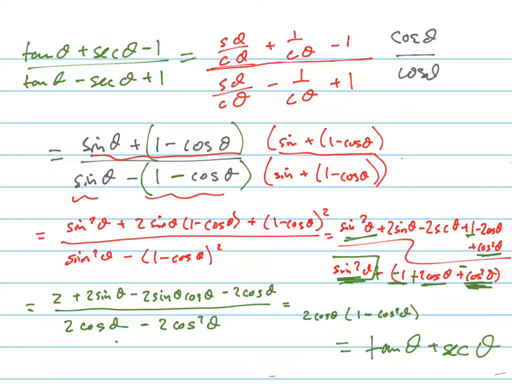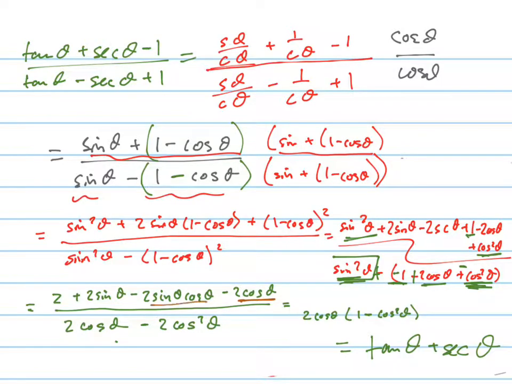I'm going to group them, let's see, I want a 2 cosine. So I'm going to group this with, let me think about this.